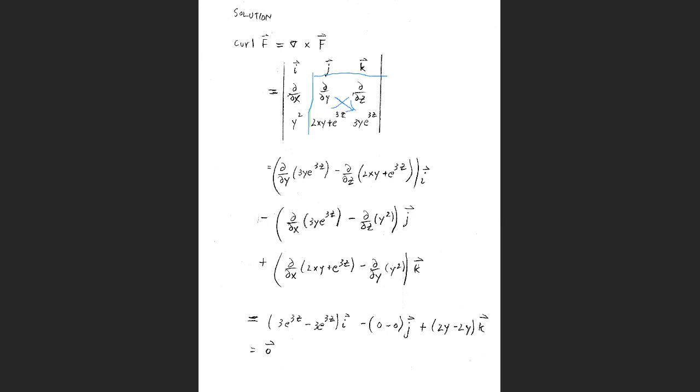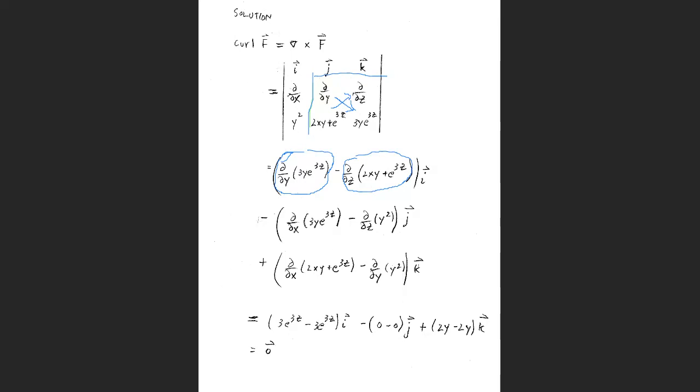So really what you're doing is taking partials. It looks like multiplying, but you're not multiplying. You're taking the partial derivative of 3y e to the 3z power with respect to y, minus the partial derivative of 2xy plus e to the 3z power with respect to z. And then you're subtracting.